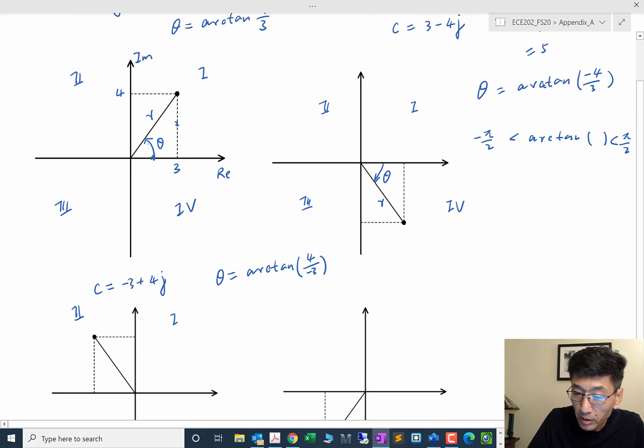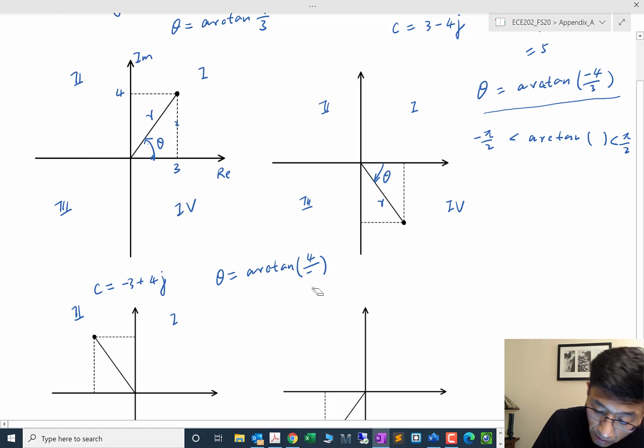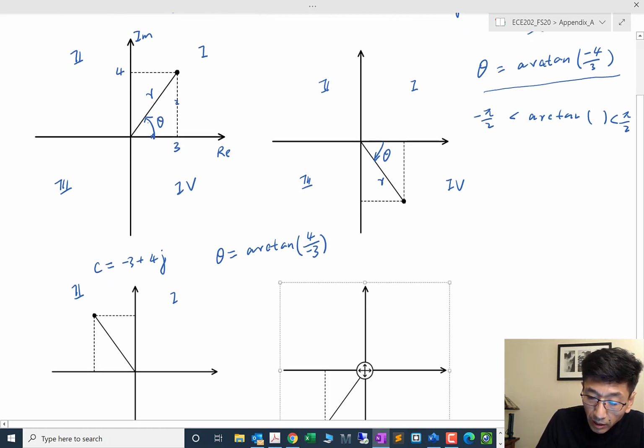This will give you this angle, because -4/3 is equal to 4 over negative 3, right? So this part will give you this angle here.